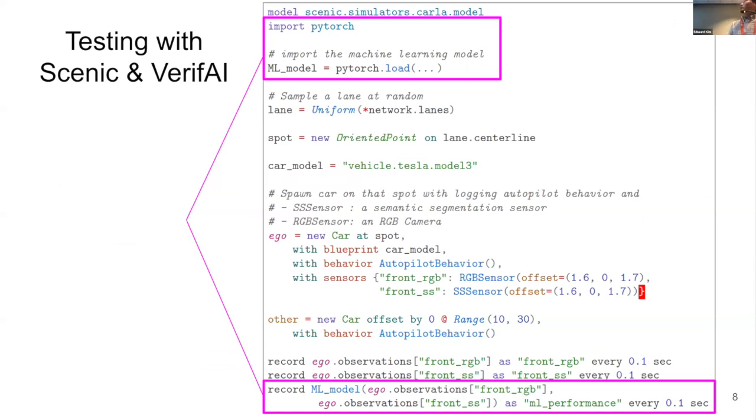You can import, for example, PyTorch, and then load your ML model at the top in the pink box. And below in the pink box, you can call your ML model and feed in the sensor information that you're collecting, for example, the front RGB camera, along with its label, which in this case is semantic segmentation, and then save it at a certain polling rate that you may want, right?